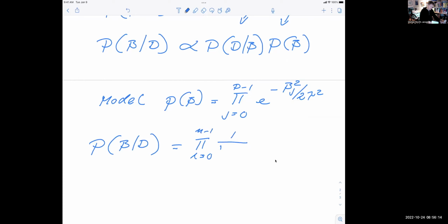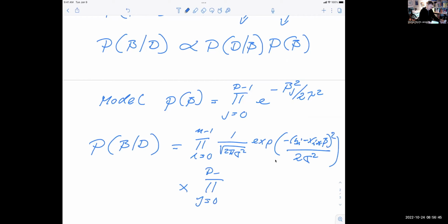I have this normal distribution or Gaussian distribution for the y values, and that contains the exponential of minus (y_i minus x_i* times beta) squared divided by 2 sigma squared, and multiplied with these parameters j equals 0 of p minus 1 with the exponential of minus beta_j squared divided by a variance tau squared.